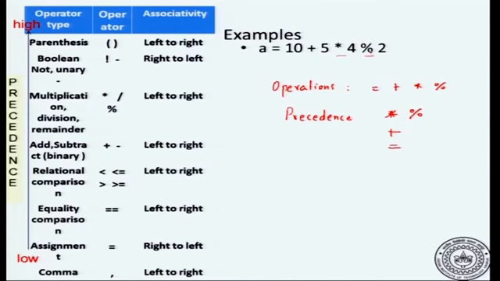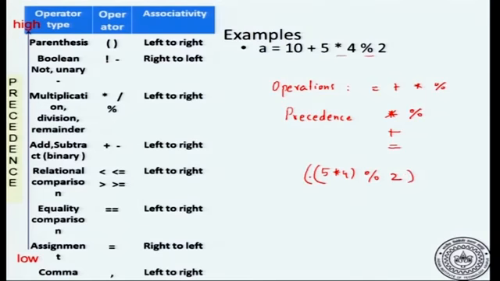How do we decide which goes first? Both of them have left to right associativity. So, whatever happens first when looking from left to right, we will do that first. Among all these operations, 5 star 4 will happen first. Then this will be followed by modulo 2.